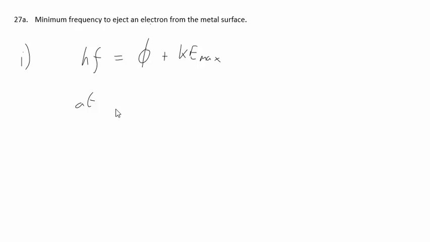At the threshold frequency, f0, the electrons have no kinetic energy. And this leaves us with h f0 being equal to the work function phi as required.